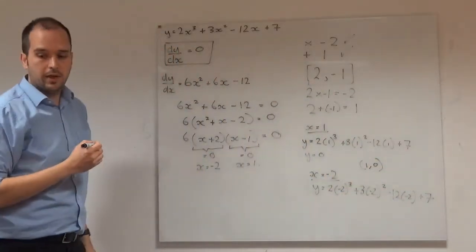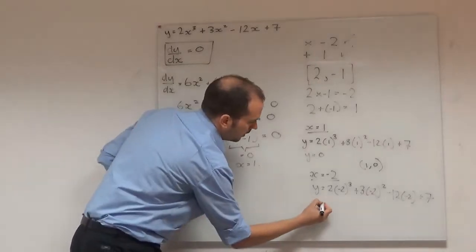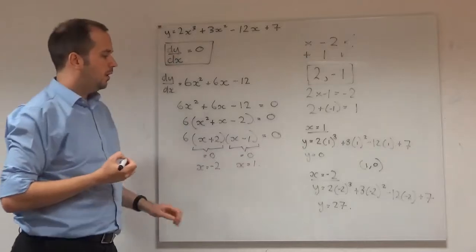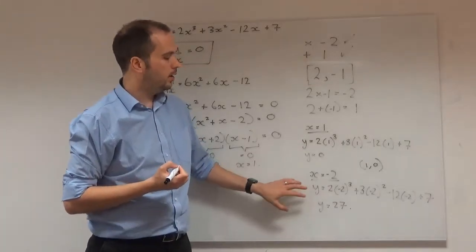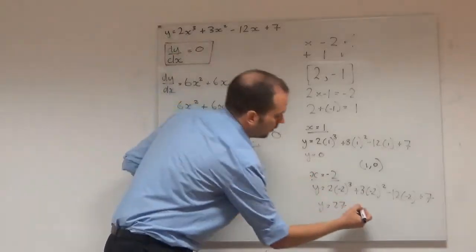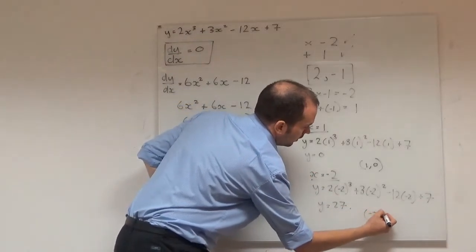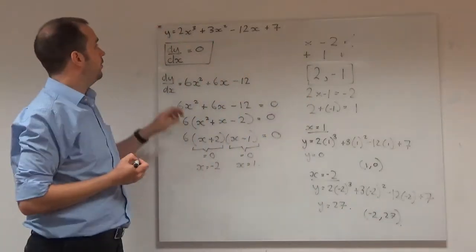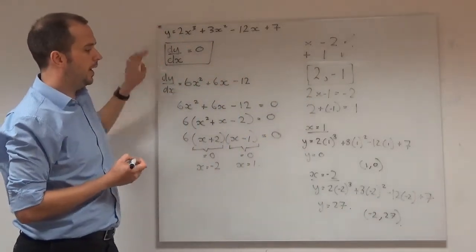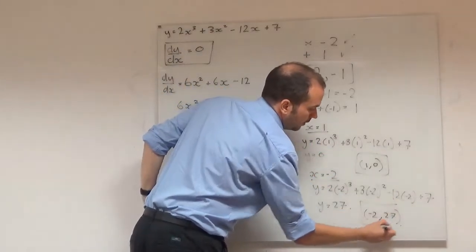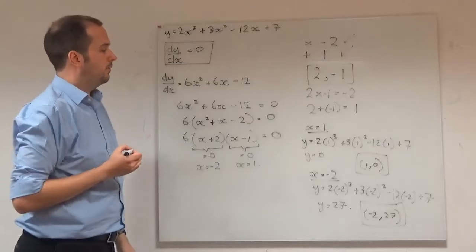And when we work all of those out, we'll get 27. So we have the y coordinate, so we can write down our point. It's going to be minus 2, 27. So we found the 2 stationary points of this function here. It is 1, 0 and minus 2, 27.